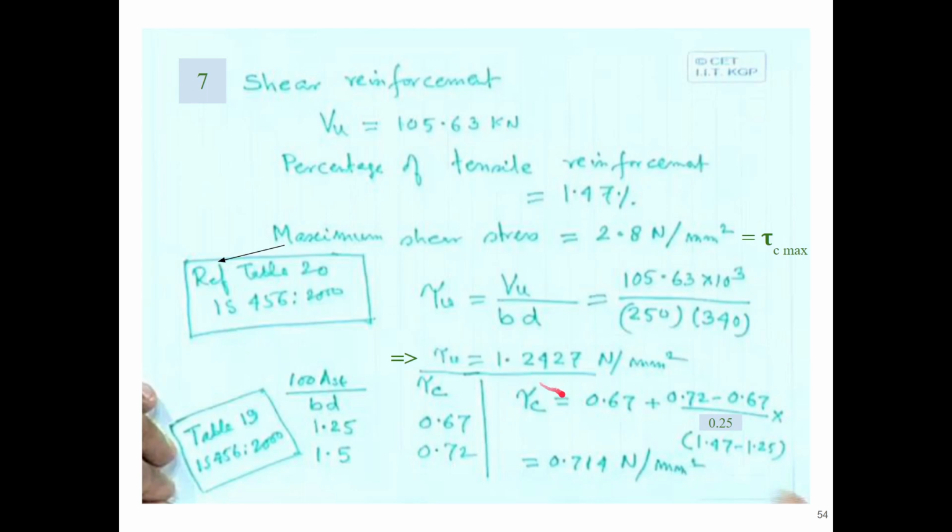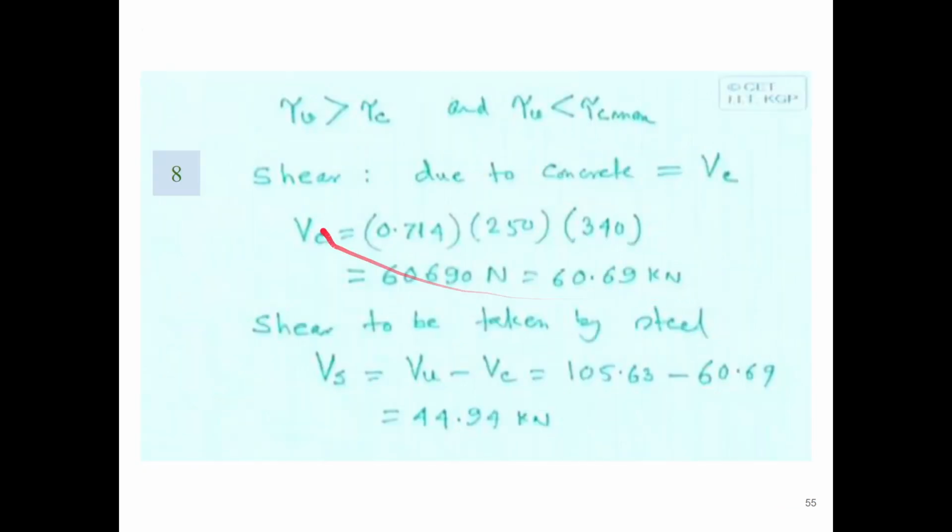So tau v will be 1.2427 megapascal. And from table 19 we will get tau c value as 0.714. As this value is more, we have to provide stirrups. And this value is less than 2.8, so we don't need to redesign. So tau v is greater than tau c and tau v is less than tau c max.